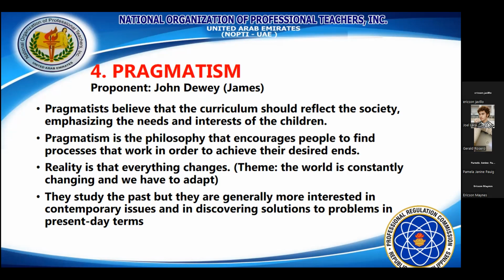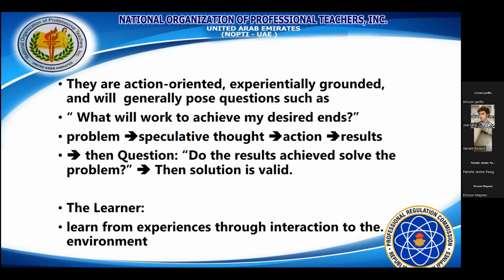Yun lang ang hanapin, yung mag-work lang. Ganun yung pragmatic philosophy. So kung para maalala nyo ang pragmatic, ang tandaan nyo na lang is yung, if it works, then it's true. If it does not work, then it's not true. Parang ganon. Okay? Yun yung pragmatic philosophy.